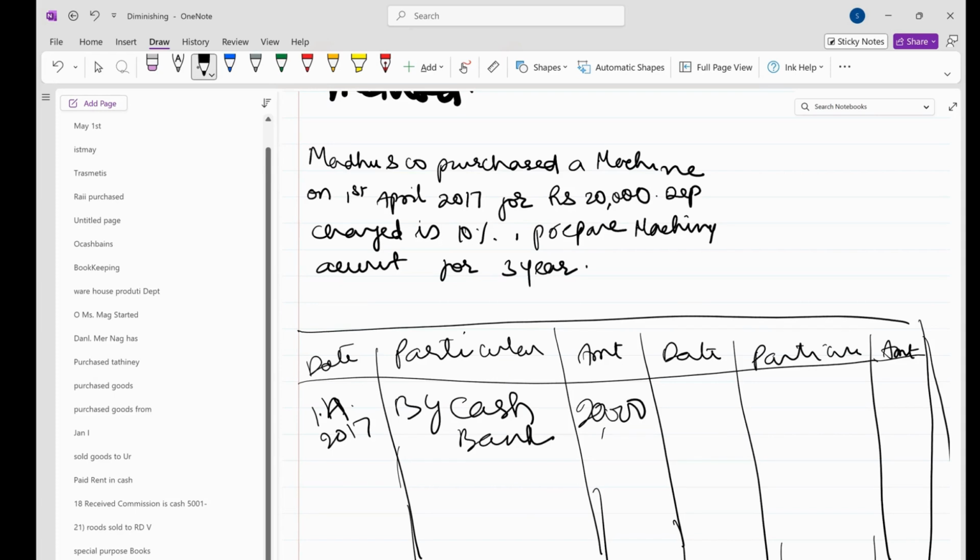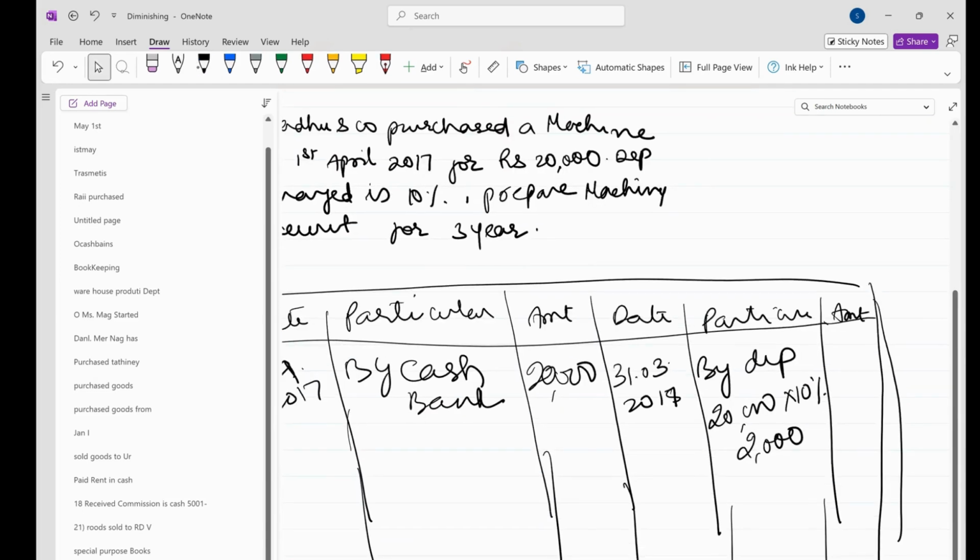And we'll use it for 1 year. 1 year means what? 31st March 2018, by depreciation on 20,000, 10%. On 20,000, 10% means how much? 2,000. Okay, so 2,000 is the depreciation.